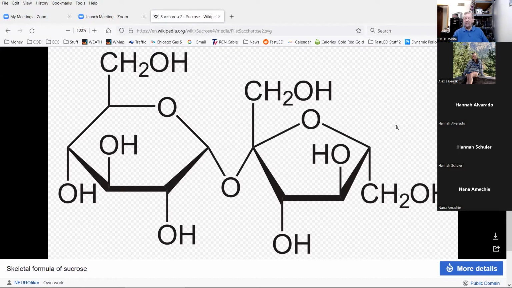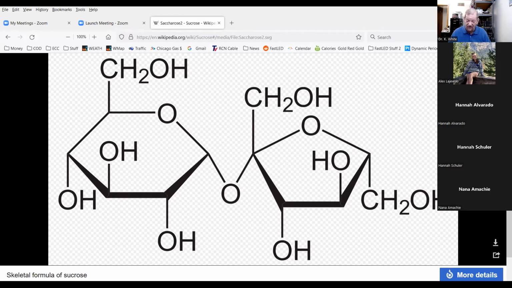I'll move this over here. 7, 8. There are a lot of alcohols in table sugar, and that's a molecule with many alcohols in it.